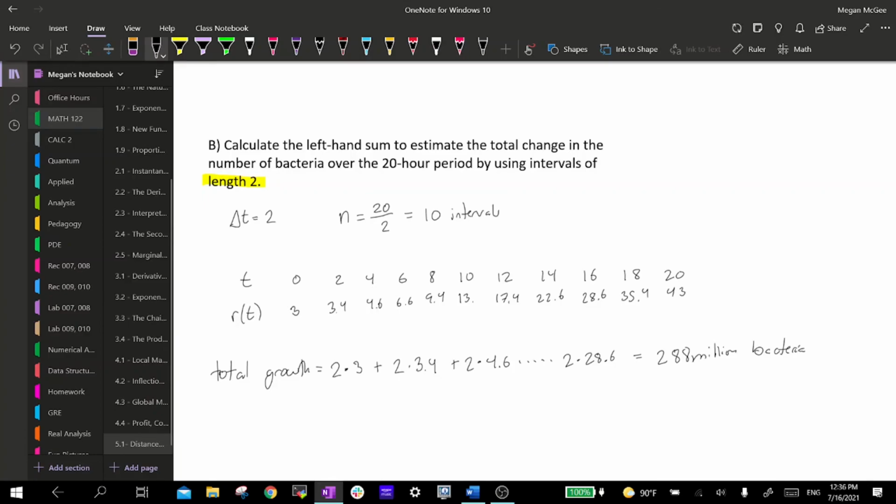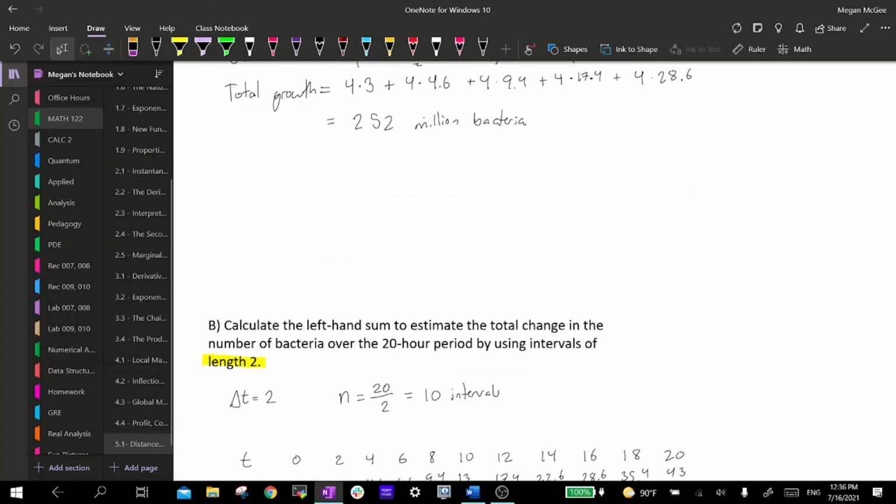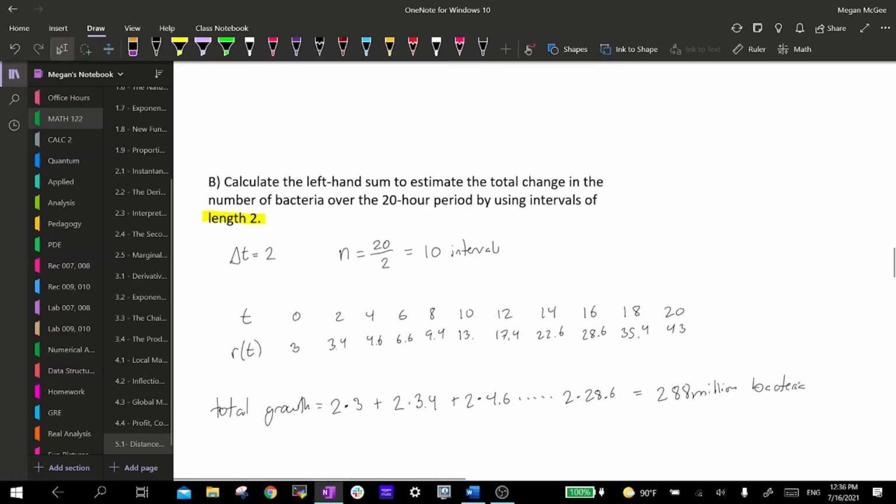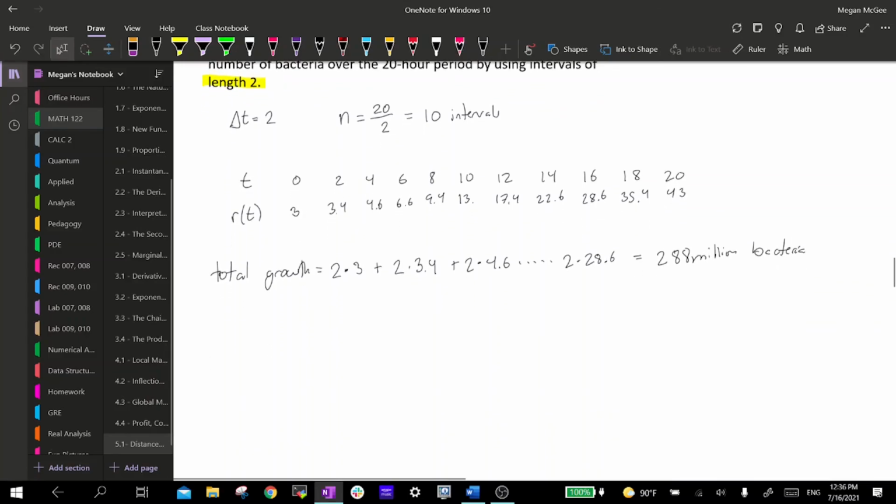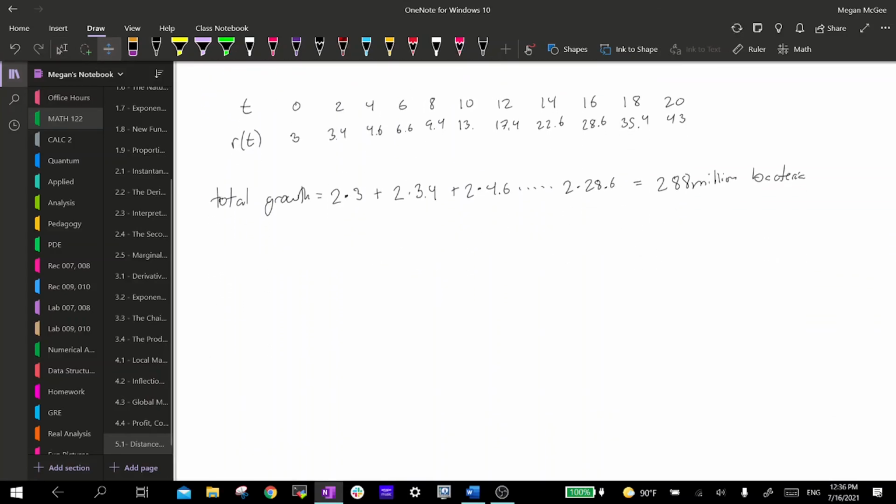So our first estimate gave us 252 million. Our second estimate gave us 288 million. So part C tells us that the true growth value is 326.7 million. Neither one of our estimates was great, but which one was better? Which one was the closest? 252 or 288?